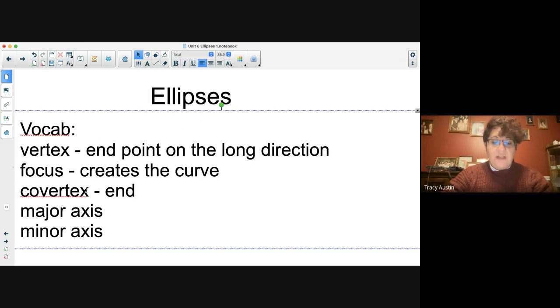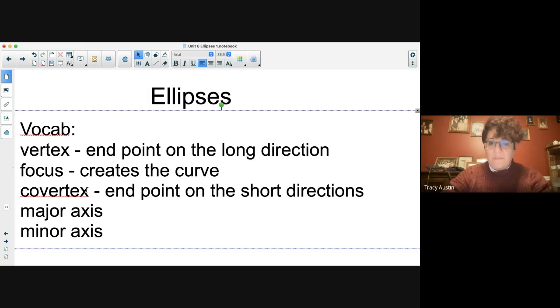Okay, so the co-vertex is the endpoint on the short direction. And then we have the major and minor axis. The major axis is the long length, and it is the full length from vertex to vertex.